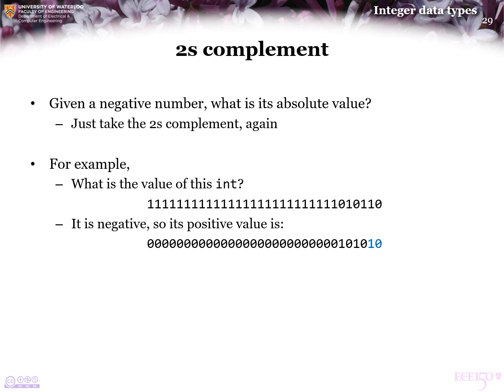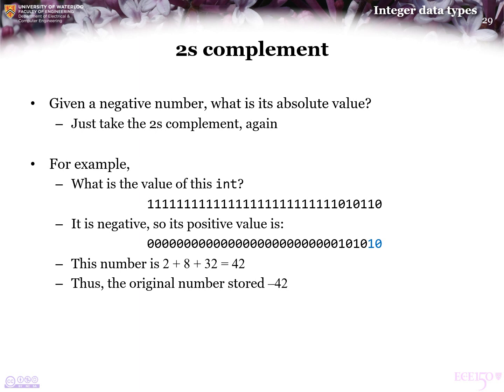As before, we flip all of the bits up until the last 1, in which case we see that the absolute value of that number is 101010, and that is, of course, the binary representation of 2 plus 8 plus 32, which is 42. Therefore, the value of the integer that was stored as a whole bunch of ones with 010110 is in fact negative 42.